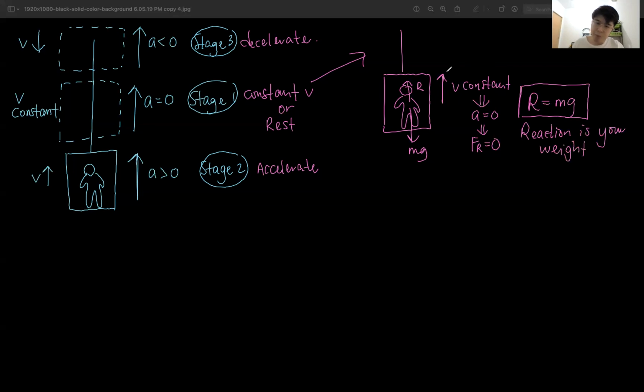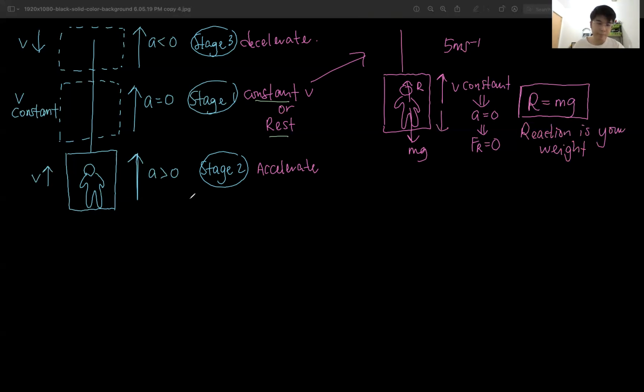It can be moving upward or downward. The keyword is at constant velocity. So the question, how they ask you, they say, this lift is moving at 5 meters per second upward, constant velocity. Find the reaction. Then you know the reaction is equal to the mg. Or if it's moving down, it's the same. Or at rest also, because this can apply on constant V or at rest.